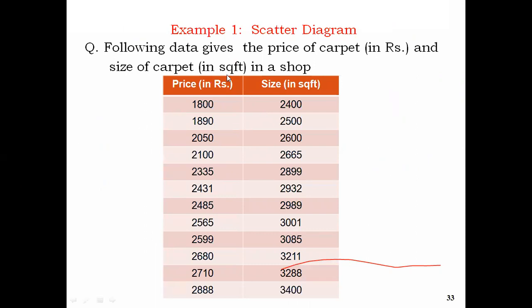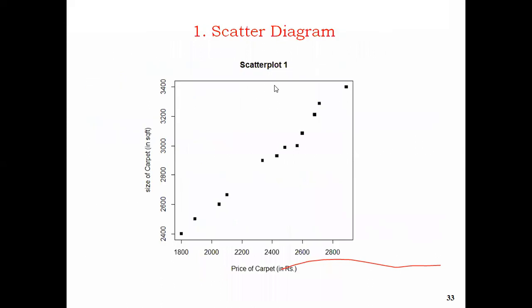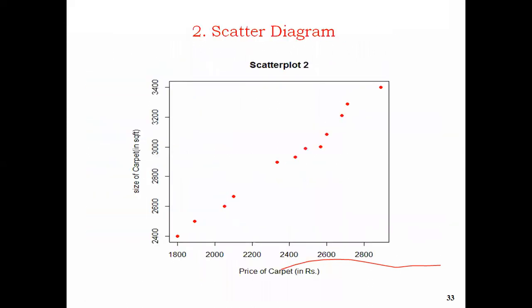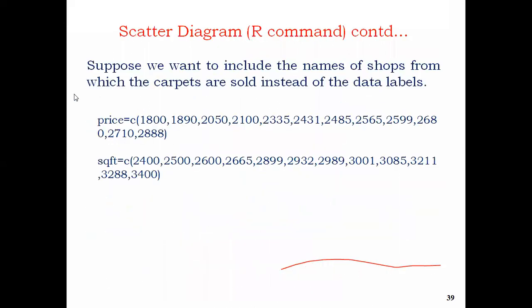So suppose we are not considering these data labels, we just want to know the names of the shops from where we can buy these carpets. So we want to know only the shop names. So price and square feet is there.